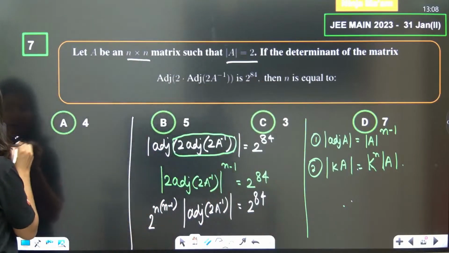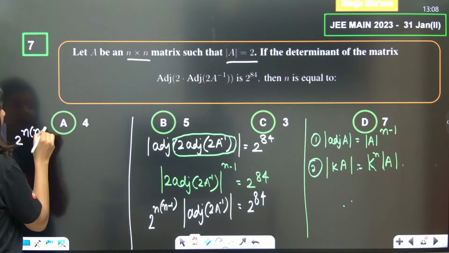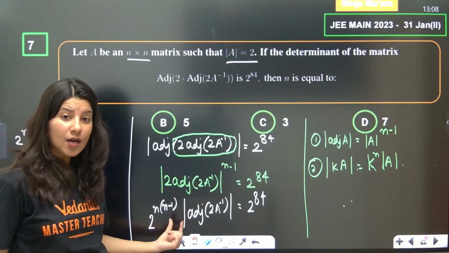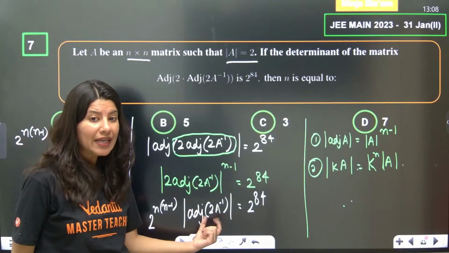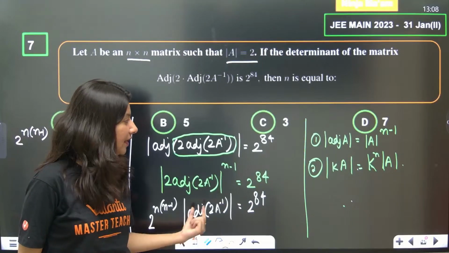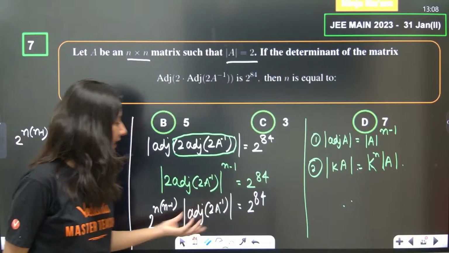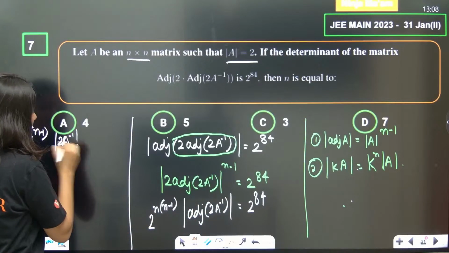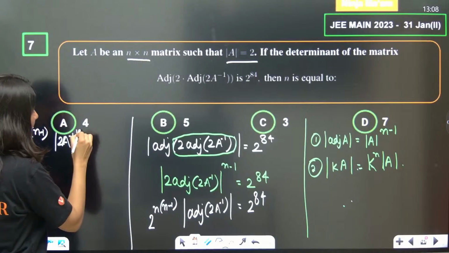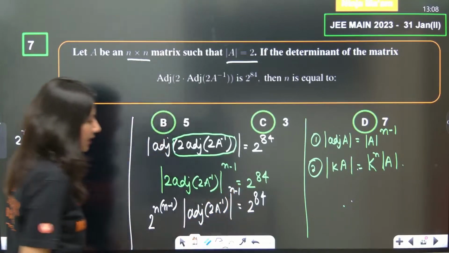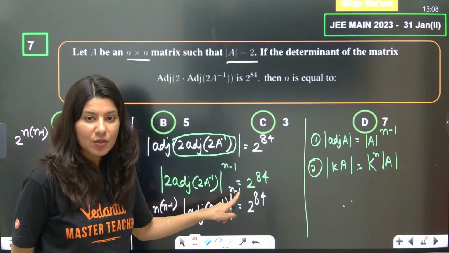Now 2 power n minus 1 is right here, and now adjoint, can you see the same property? Determinant of adjoint of 2A inverse. Determinant of adjoint of anything is determinant of that, and the power will be n minus 1. And n minus 1 was already there.